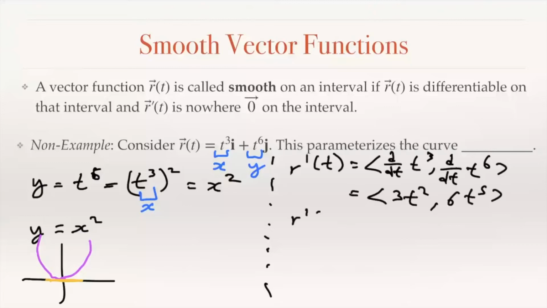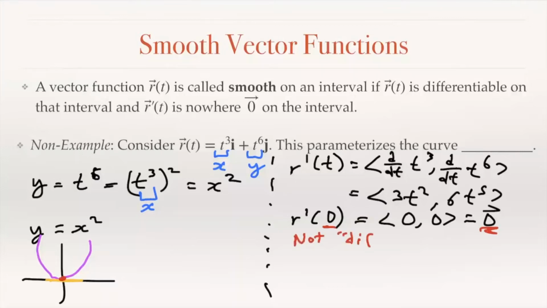And then r prime of 0, which is this point, would be just plugging in 0: 0, comma 0, which is the 0 vector, and that means that it is not smooth here. Well, it is differentiable at 0, but it's not smooth here.